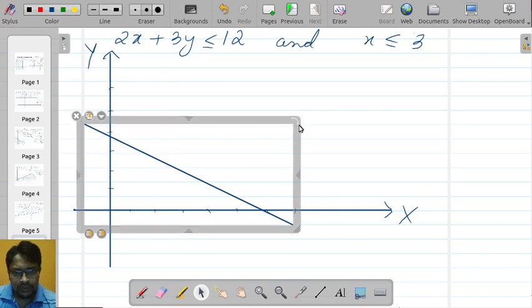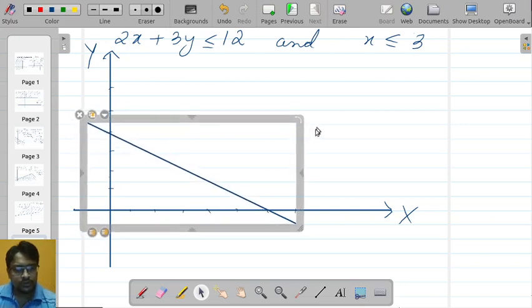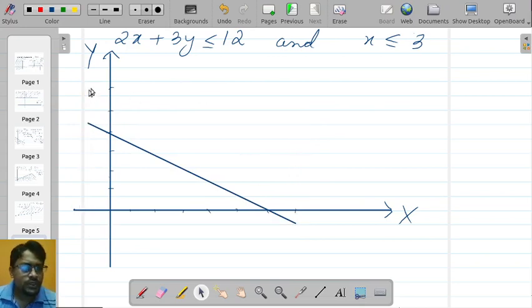Okay, leave it. Suppose this is the line. I am not able to rotate it now.